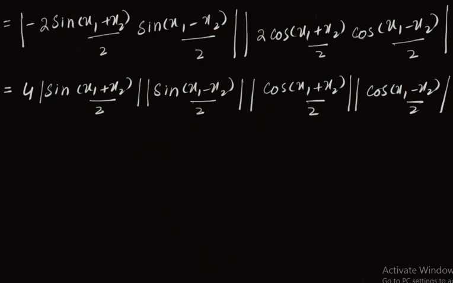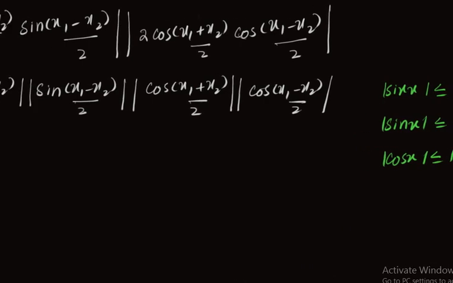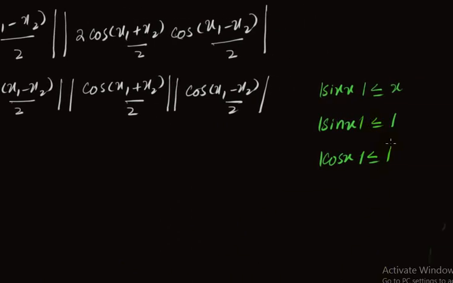First, mod of sin x is less than or equal to mod of x. Another relation is that mod of sin x is less than or equal to 1. Similarly, mod of cos x is less than or equal to 1.